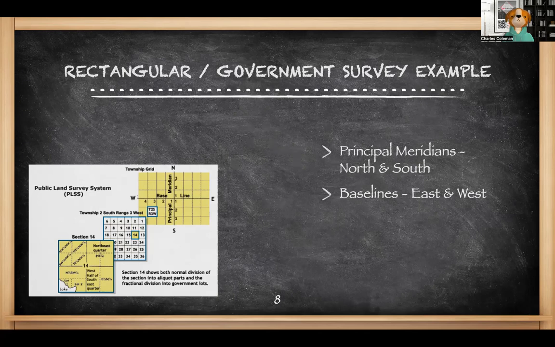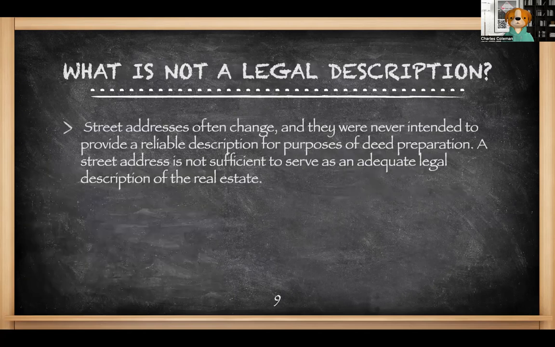So these are going to be the three that they're going to want us to have some working knowledge around, being able to identify as valid legal descriptions. On your tests, they're also going to give you another example of a description, and that's the home address. A street address changes, and they were never intended to be a reliable description for the purpose of a deed.